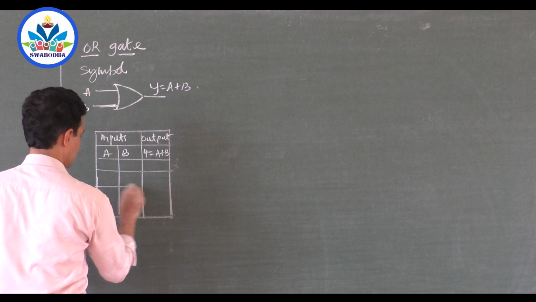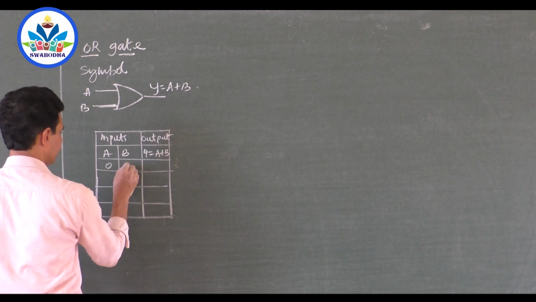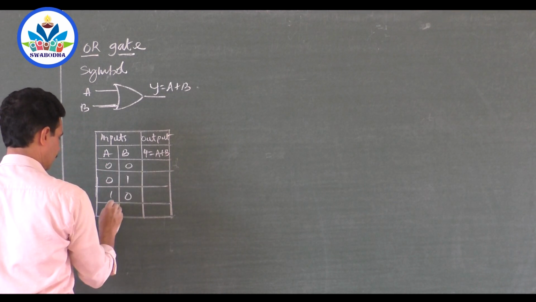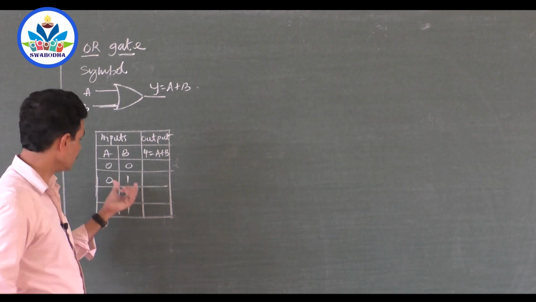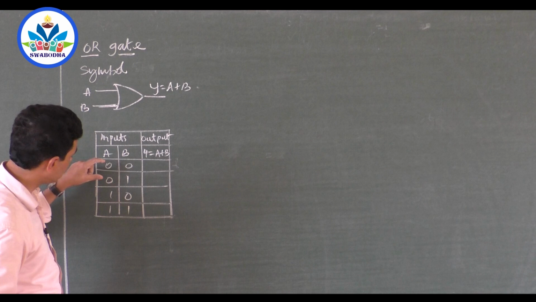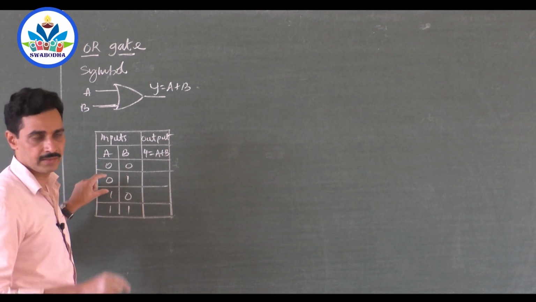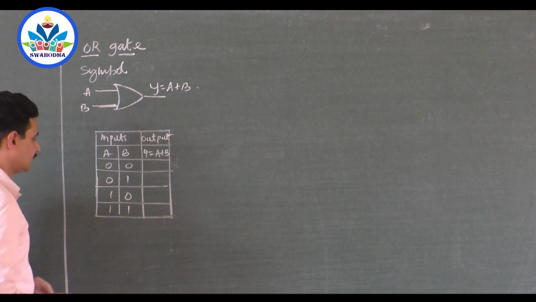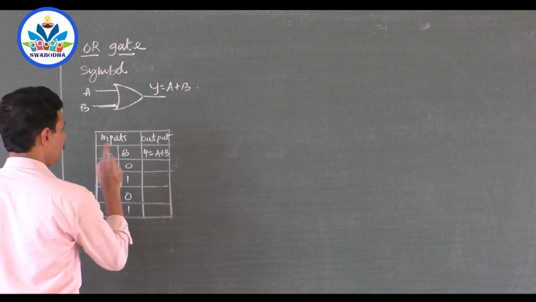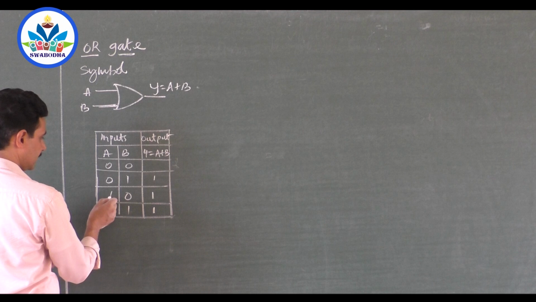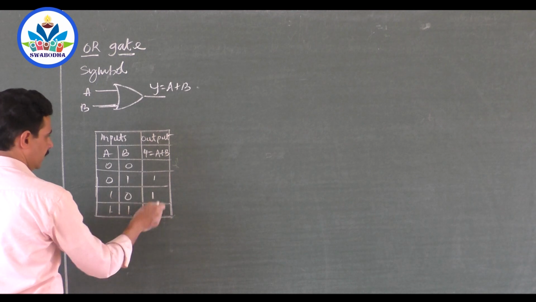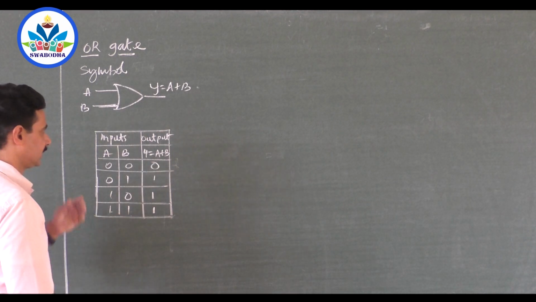All possible combinations: 0 0, 0 1, 1 0, 1 1. I have told you already that you have to toggle this every now and then, but this column is toggled once in two times. So if any one of the inputs is 1, definitely the output is 1. Either A or B or both. When both are off, you don't get the output.